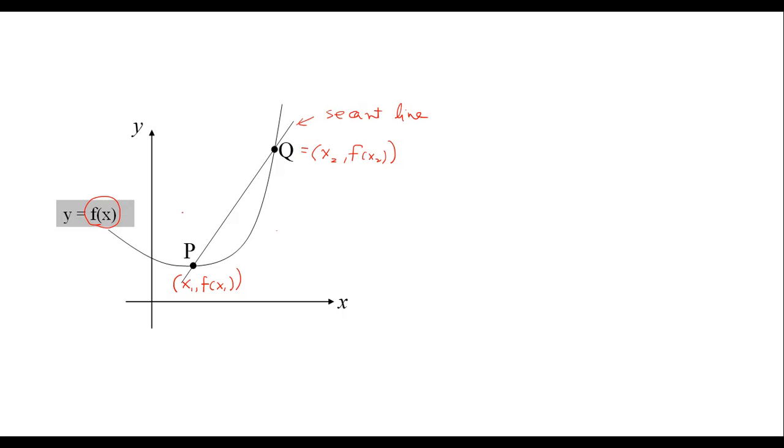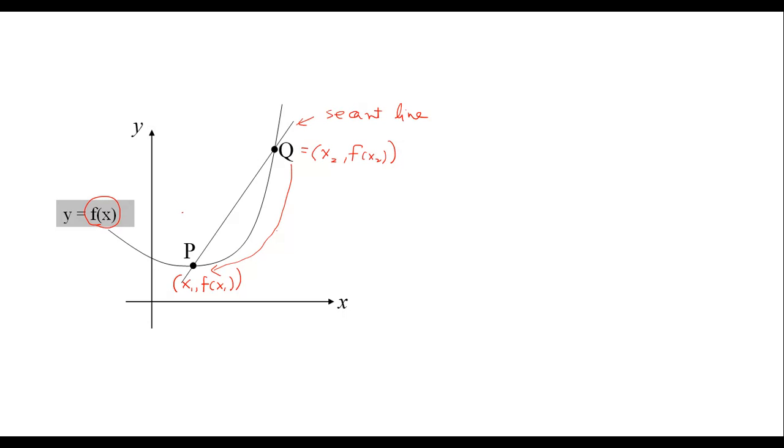Now our intention, let's say I want to see whatever happens if I move my Q as near as my P. So what does it mean by that?